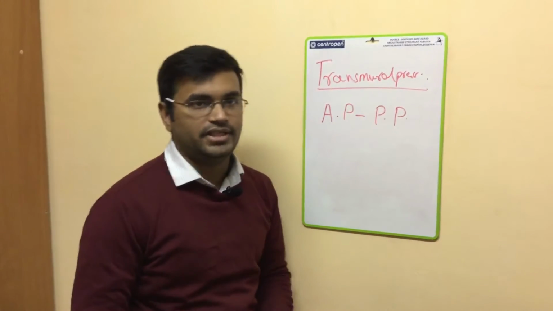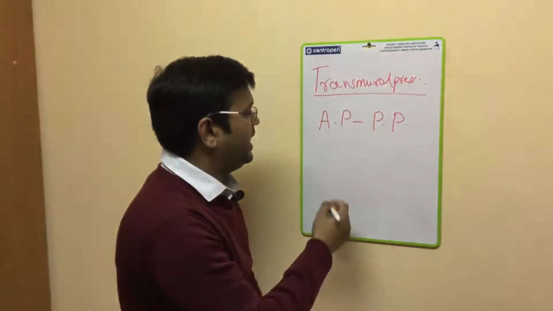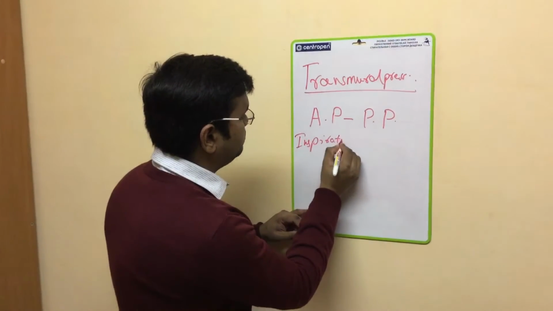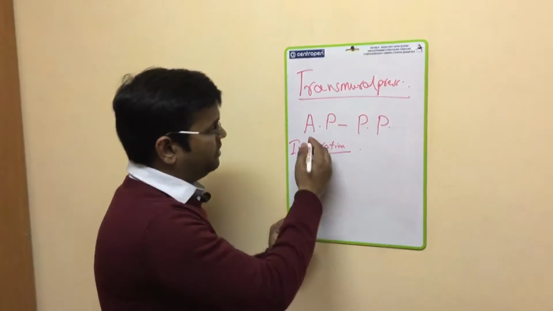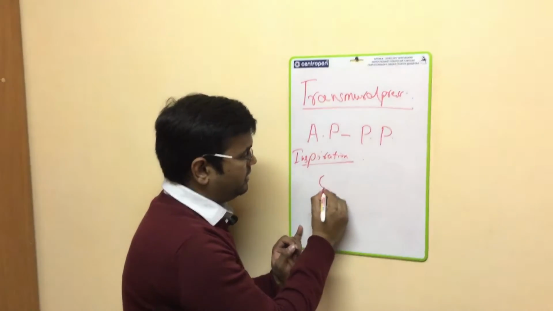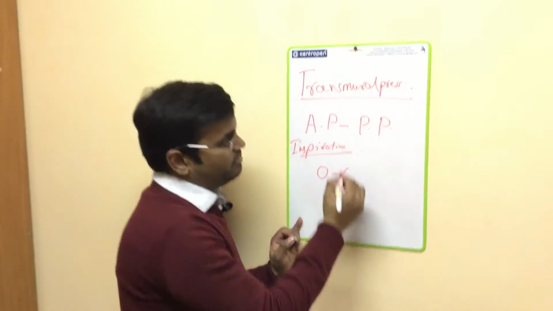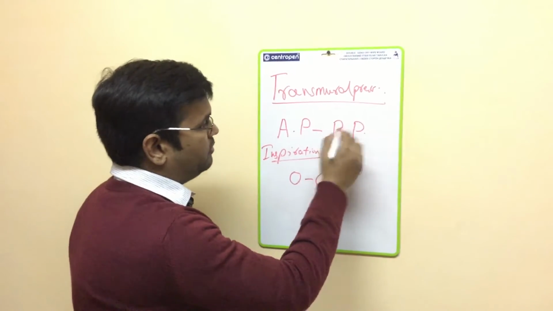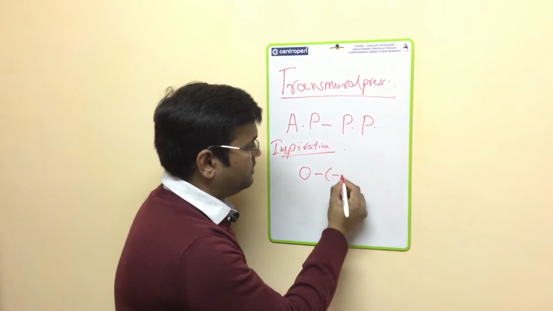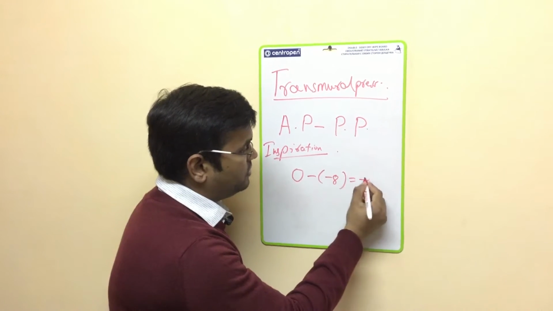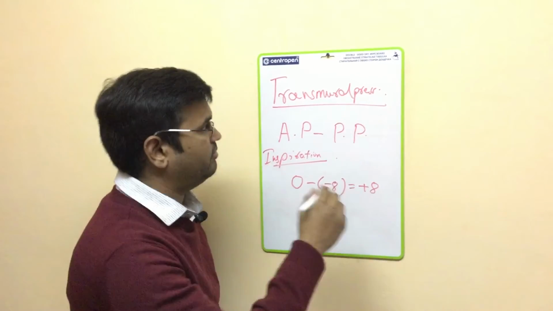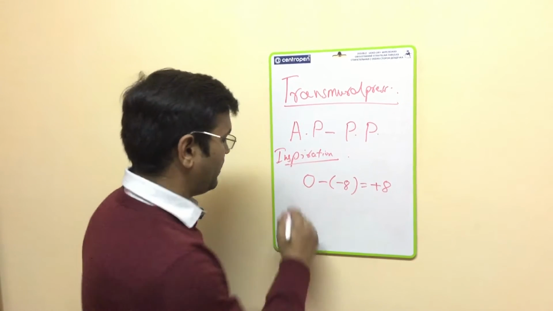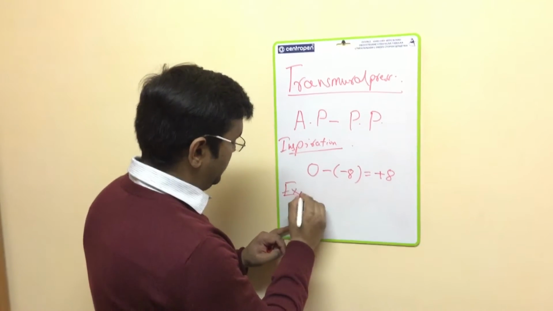Now, how to calculate transmural pressure? Nothing, simple formula. Alveolar pressure during inspiration is 0, and pleural pressure during inspiration is minus 8, which becomes plus 8, and this transmural pressure is calculated in centimeter of water. Okay, and now expiration.